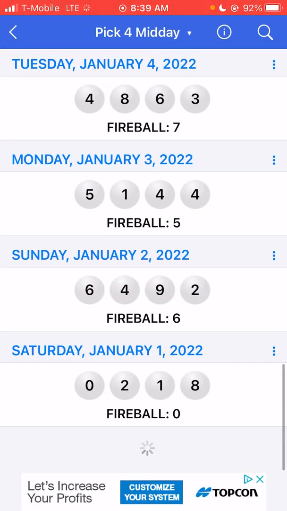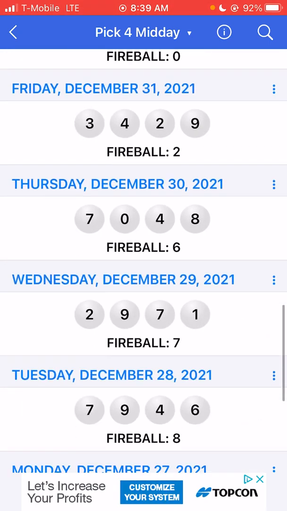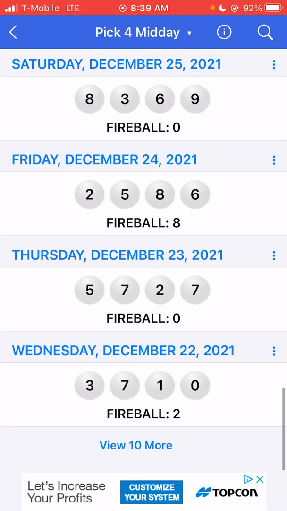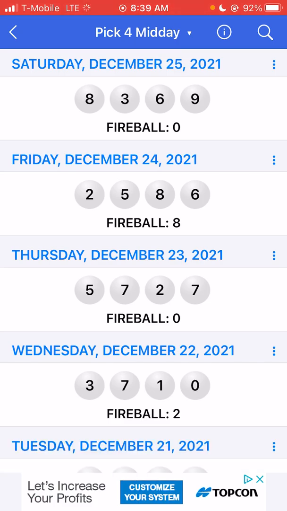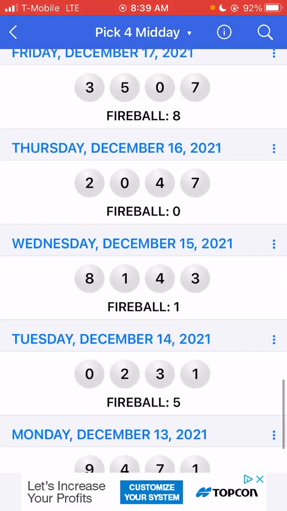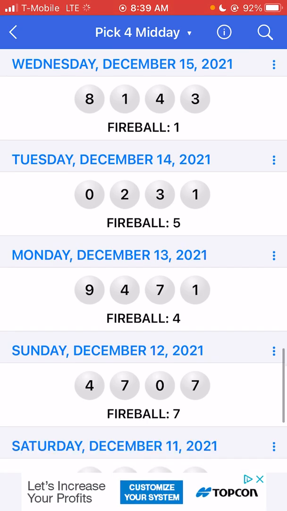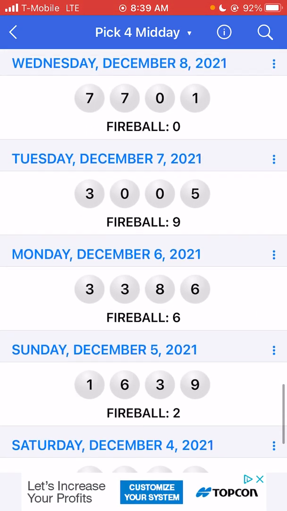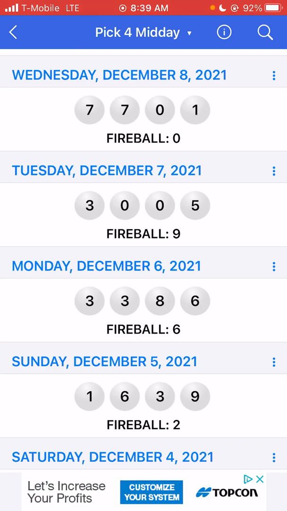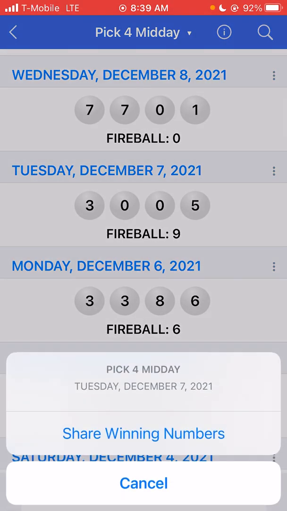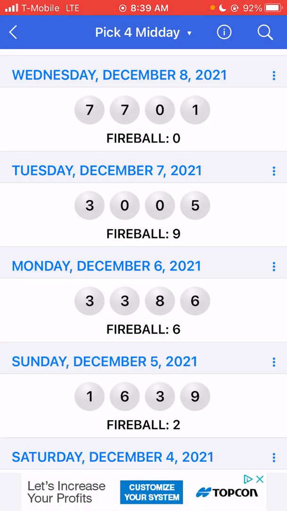Let's find numbers that have 2 of the same number. Now what you want to do is browse through different states and just see if you can find a combination without looking at the other results. Like this one right here, 7701. If I was playing this, I would play a box of the 7, a box of the 0, and a box of the 1.